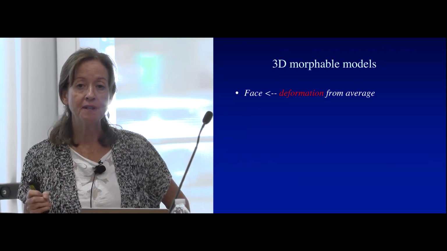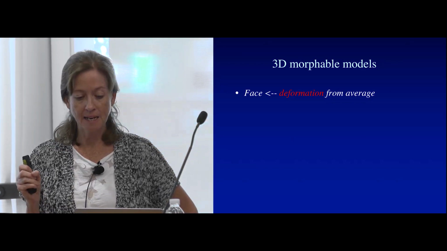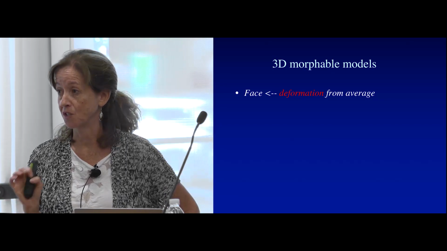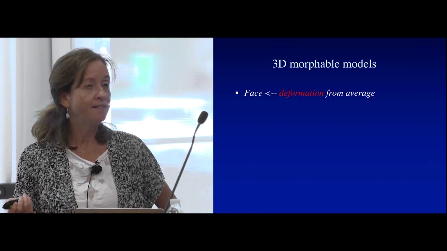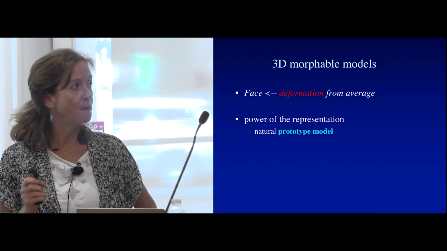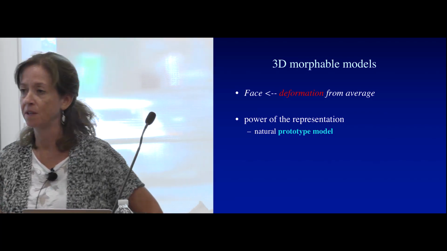The most important thing to hold on to here is that what we were modeling is the three-dimensional deformation from the average face, okay? And this was a very, very powerful representation because it's a kind of natural prototype model.